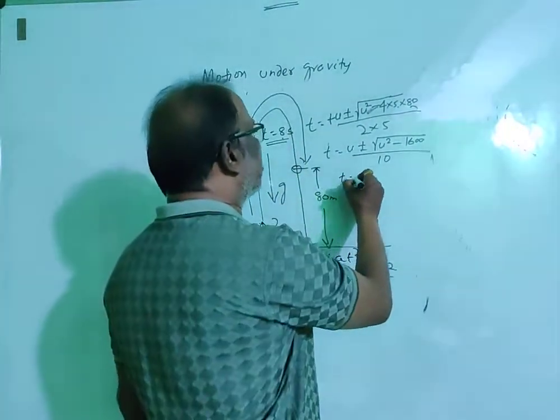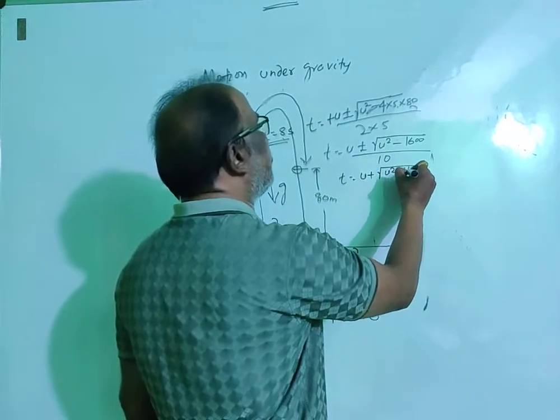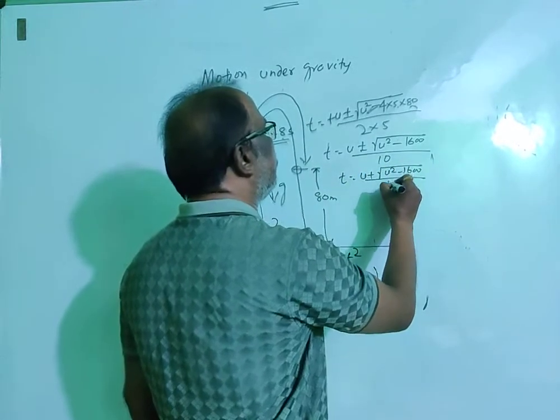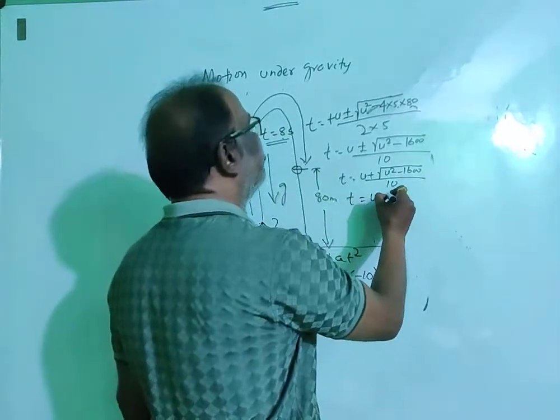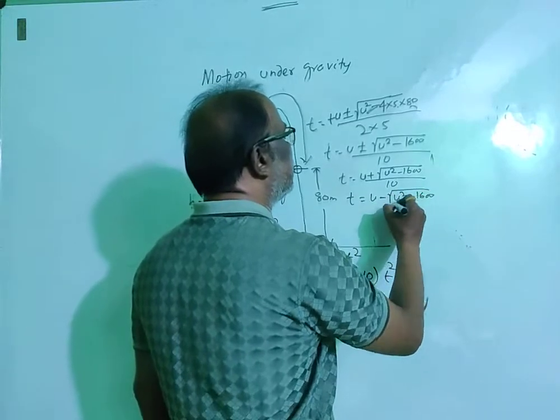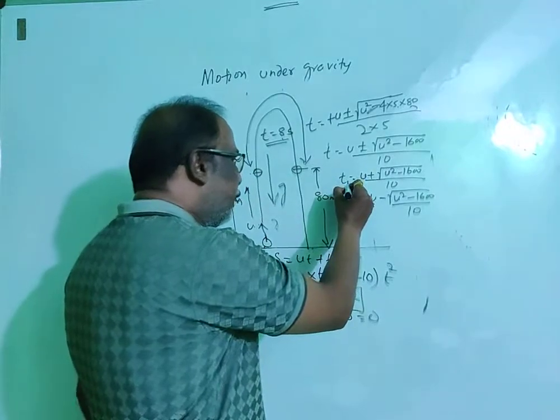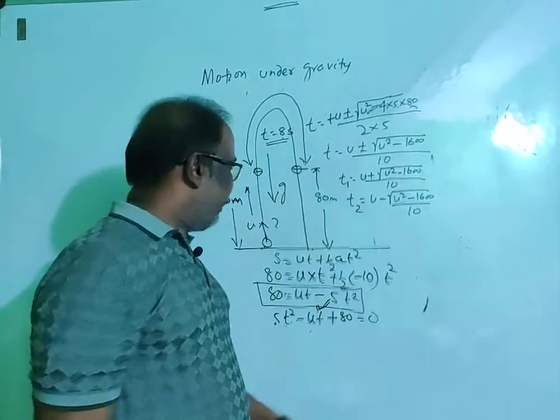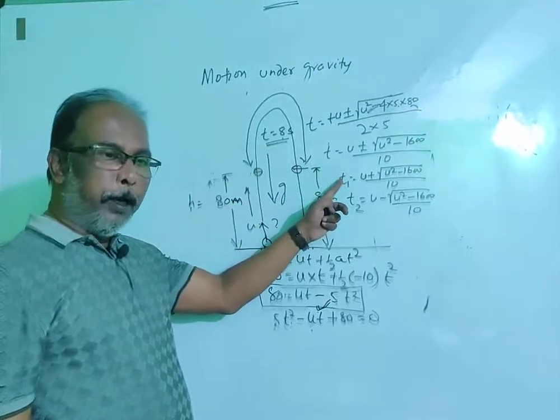t is equal to u plus root of u square minus 1600 whole divided by 10, and taking negative sign, t is equal to u minus root of u square minus 1600 by 10. This is taken as t1 and this is t2. See, to reach this height, time is smaller.